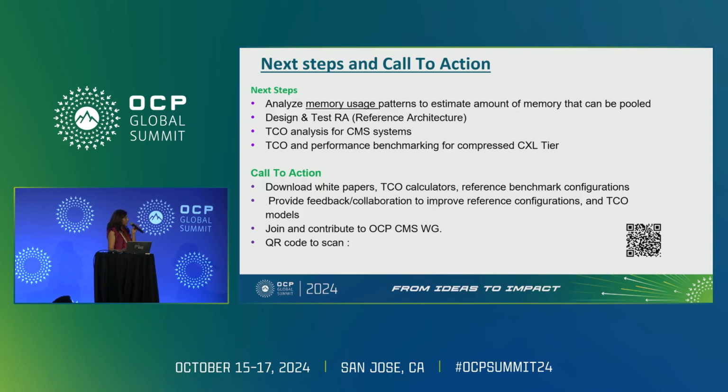The call to action is, we have written a white paper, so download that paper, the TCO calculators and reference configurations, then provide feedback and collaborate to improve these reference configurations and TCO models. And of course, join and contribute to the OCP CMS working group. The QR code to scan is shown here on the right-hand side.